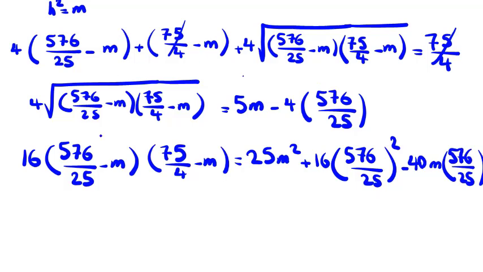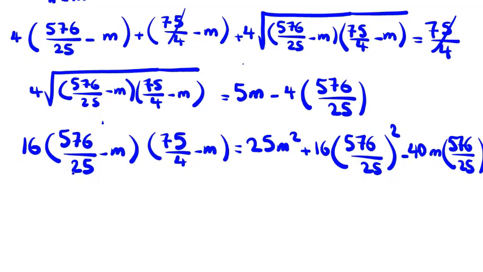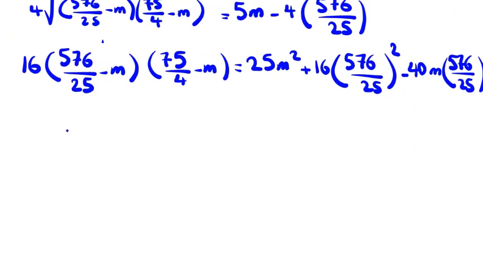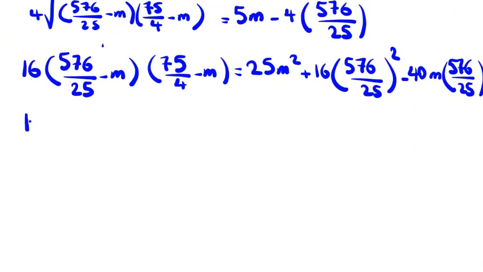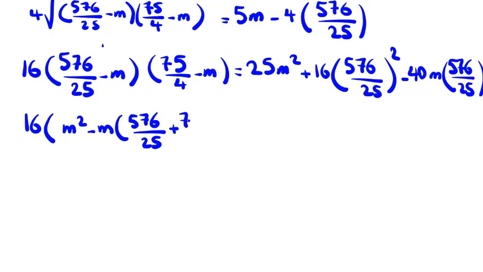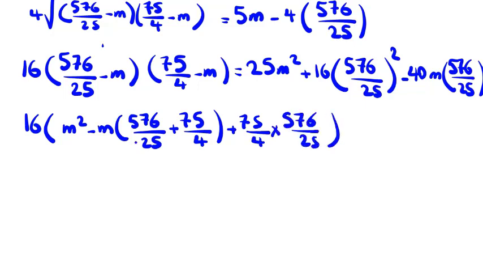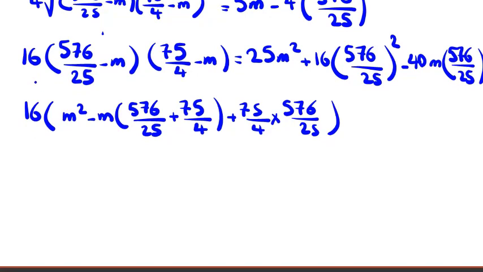Okay, and if we expand this side, it will be 16m squared minus m times 576 over 25 plus 75 over 4, and plus 75 over 4 times 576 over 25, the left side. Now, it is this part.